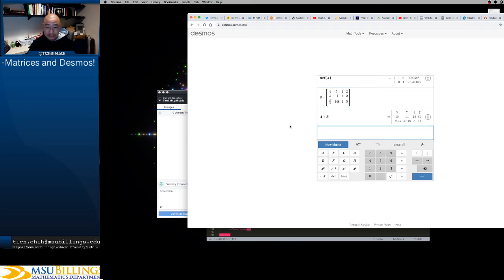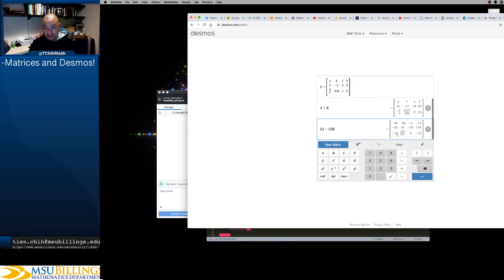We knew that probably wouldn't happen. We can do things like double A. We can add double A minus 12B, and now it tells us what that is. We can get decimal representations of any of this stuff.